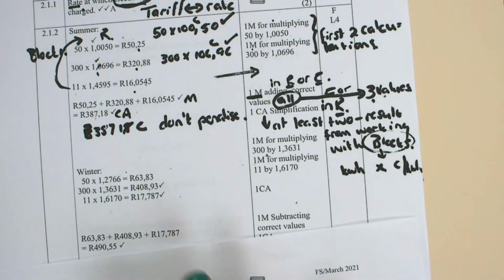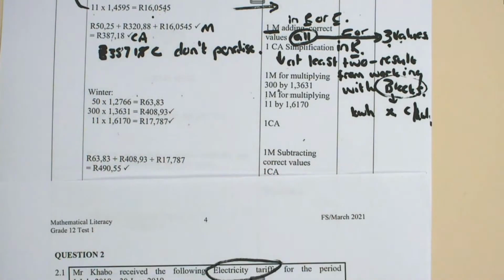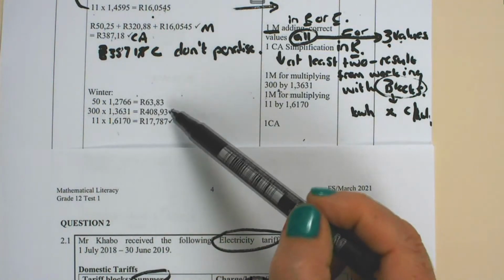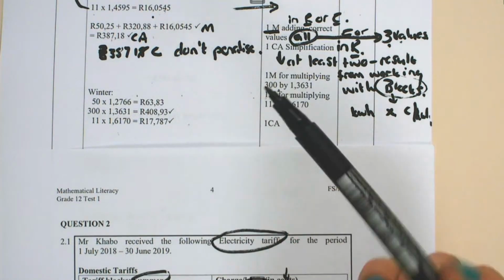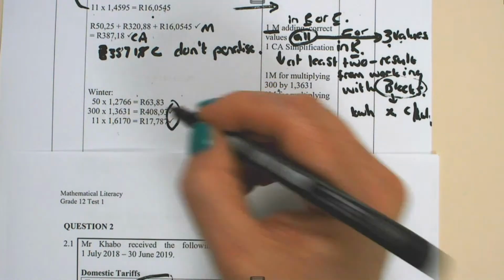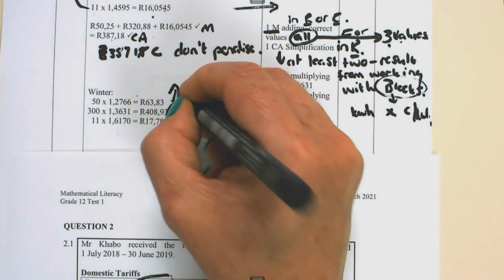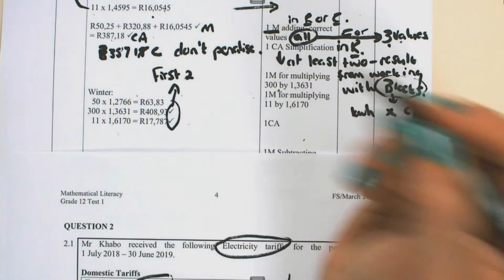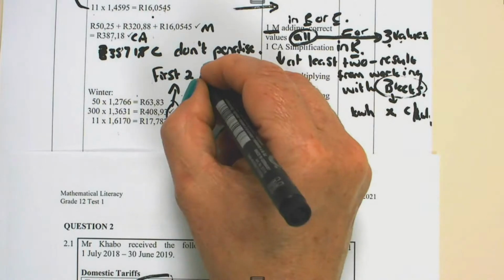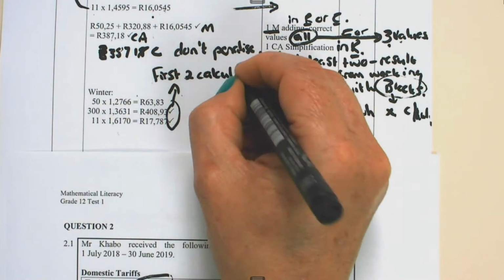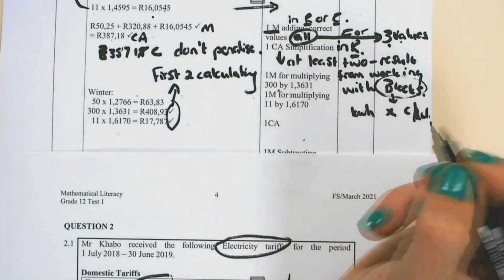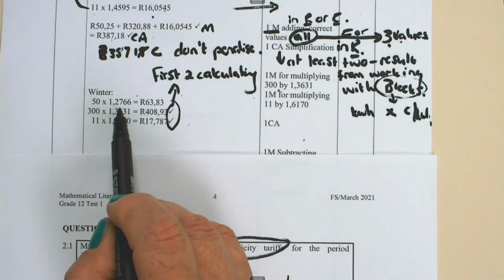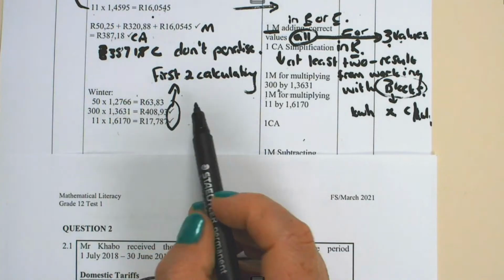Okay, let's look then at the winter. There are again 2 marks, and first of all, they are putting the 2 marks here, but these 2 marks can be for any first 2 calculations where they are correctly calculating. They are going to say 50 times the tariff. They are working with that block and getting the 63,83.